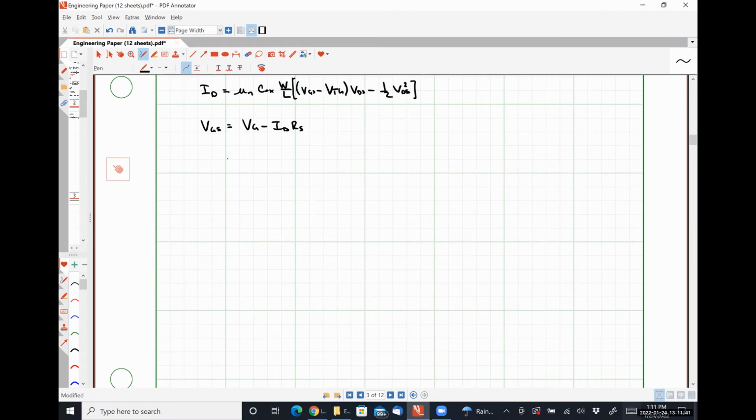And substituting in our relationship for VG and our relationship for ID, we get VDD times R2 over R1 plus R2 minus Kn RS times VGS minus VTH times VDS minus 1/2 VDS squared.